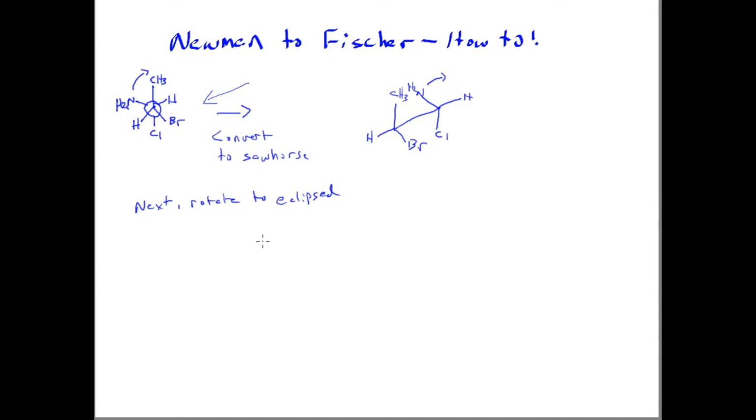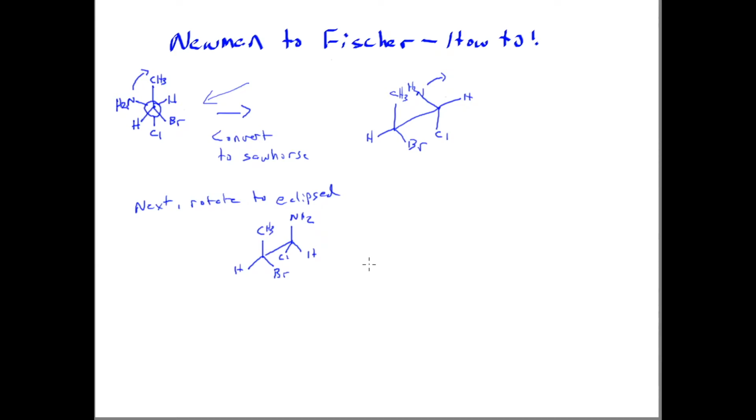We're going to move all of this so that we have the eclipsed version of our Newman projection, now as a sawhorse projection. So you just fill in all of the atoms that we need to put in here. And now you can see that we have everything eclipsed.